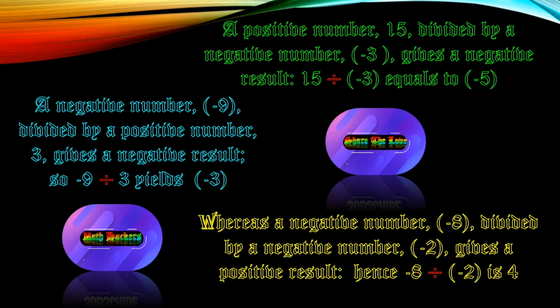And again, negative 9 divided by 3, which gives us negative 3. And also, negative 8 and negative 2 will give us a positive result, as in positive 4. And if it was positive 8 and positive 2, it will still be positive 4.